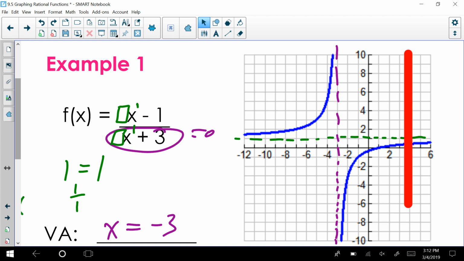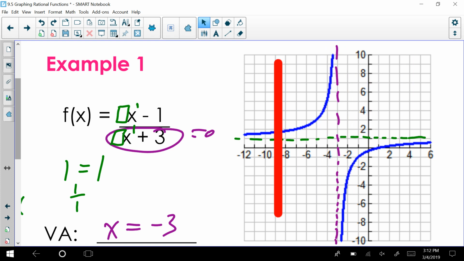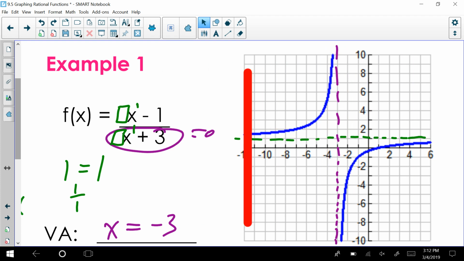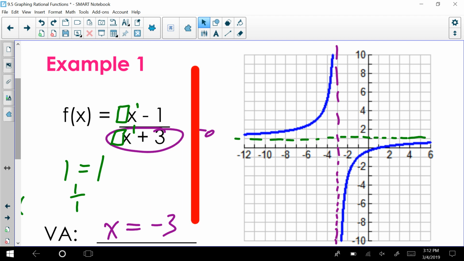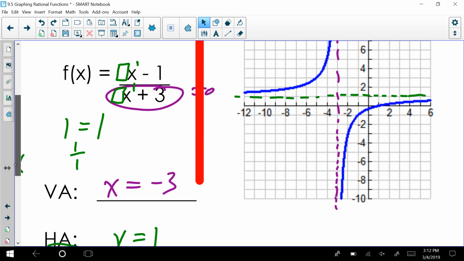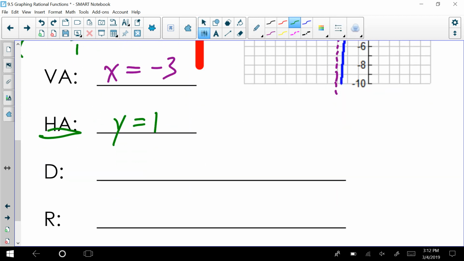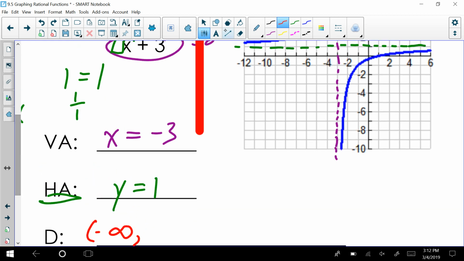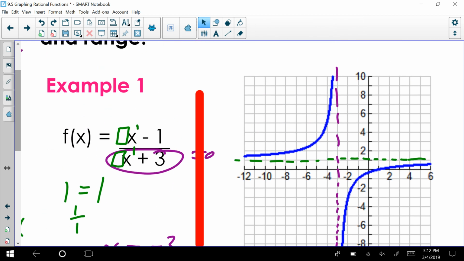Imagine this is my hand. I'm thinking, how far to the left does this graph go? How far can I keep dragging this? Well, of course, it's supposed to continue forever. Well, what's forever in math? Well, we know forever in math is negative infinity when it goes to the left. Can't touch that, right?